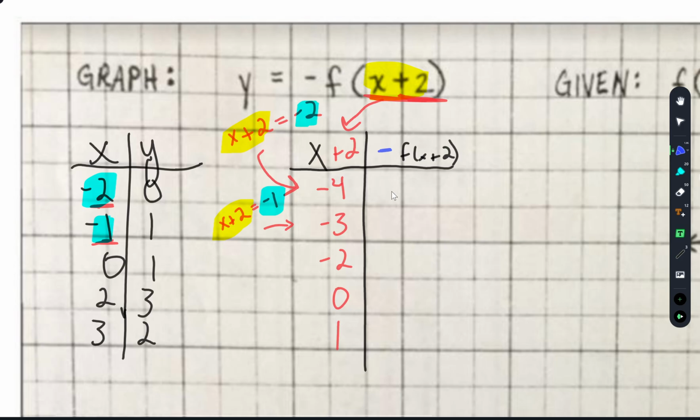So this y is obviously just 0. You can't really do anything. But instead of +1, it's going to be -1. If it's +3, it's going to be -3. And if it's +2, it's going to be -2. So I am just doing the negative on all the original y's to get it.